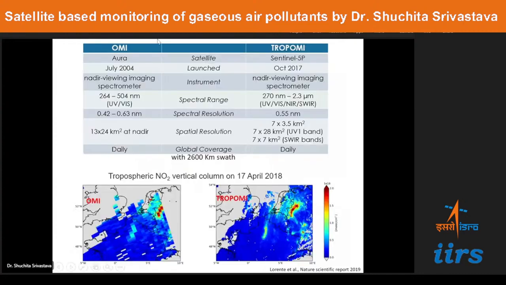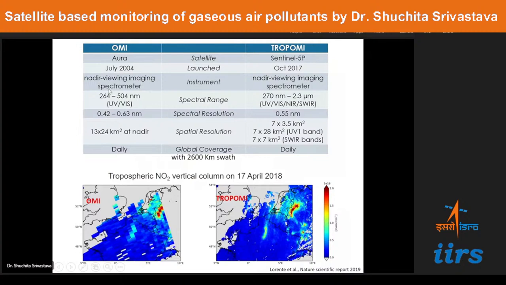Now we will compare OMI and TROPOMI observations. OMI is on board the Aura satellite and TROPOMI is on Sentinel-5P. OMI observations are available from July 2004 and TROPOMI observations from October 2017. The structure of the instruments is similar.